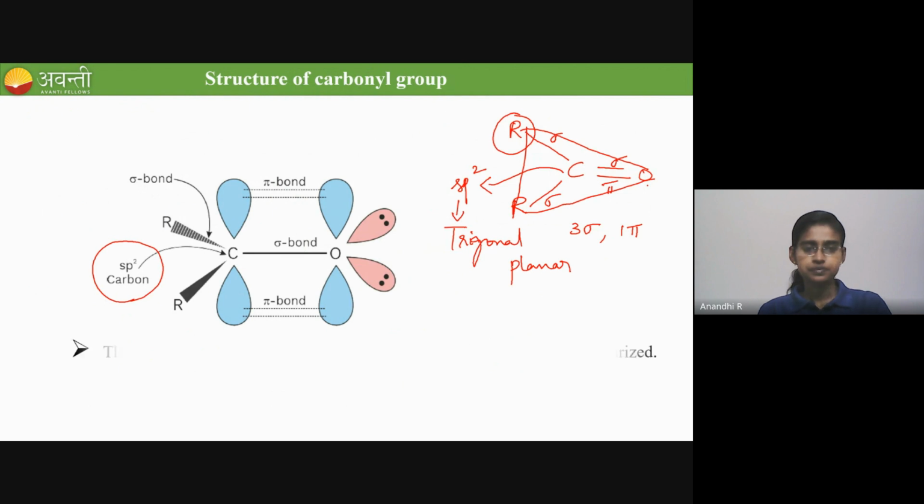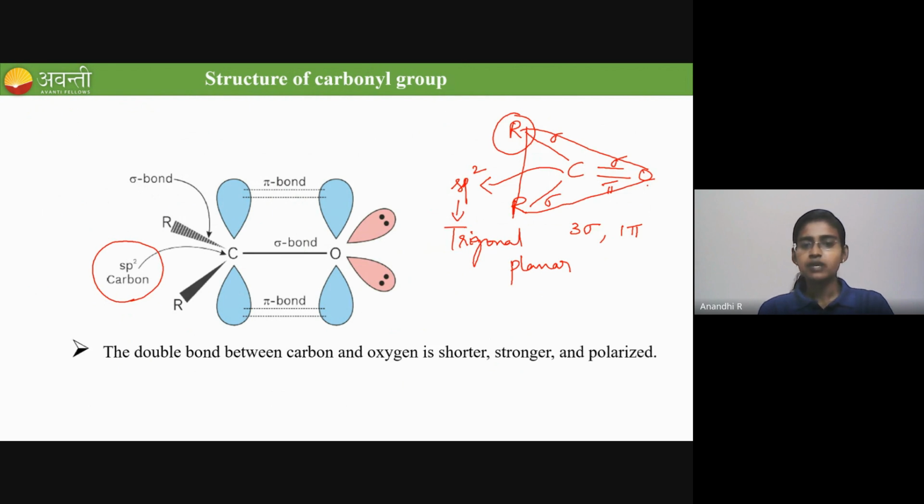Okay. So the double bond between the carbon and oxygen is very short, but it is very strong and it gets polarized. So this carbon-oxygen bond, you can see, is a double bond. So the length is very small, so it is short. But it is very strong because bond length is inversely proportional to bond strength.